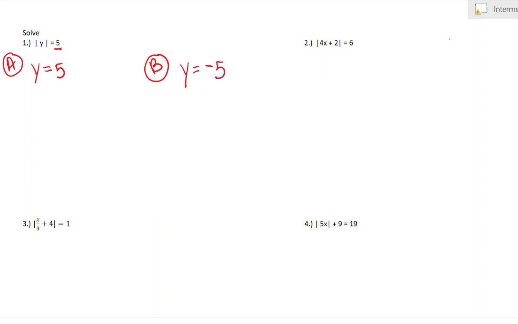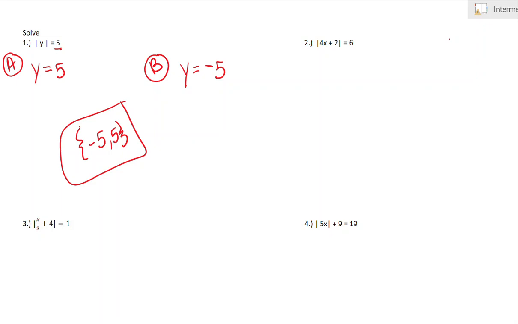The first one will be positive, the second one will be negative. In this particular case, we already have the variable by itself, so our solution is negative 5 and 5. Most of the time, you will get two solutions for each absolute value equation. There will be a few examples where it won't, but we'll come to those in a second.